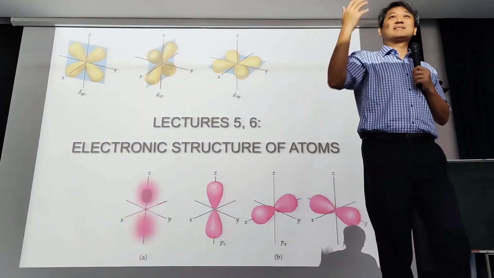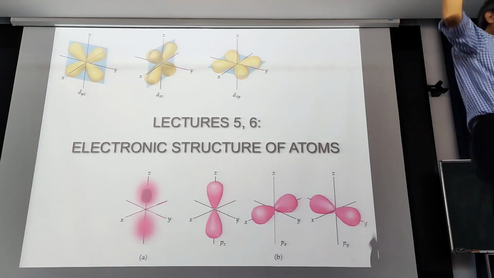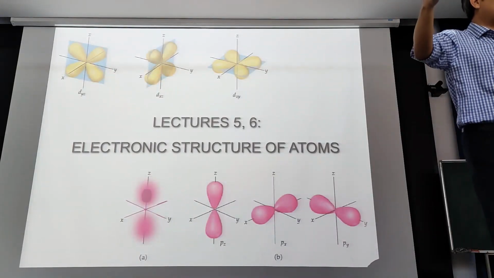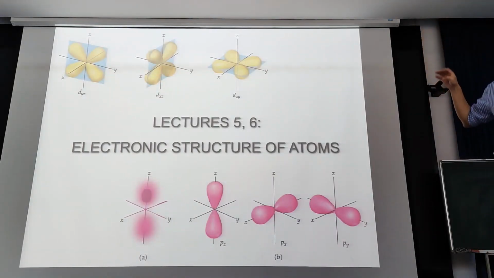But we don't know exactly how the electron moves in the case of only one electron, and in the case of several electrons, how the electrons are distributed. So the objective of this morning's lecture is to understand how we can describe the movement of electrons and what the consequences are.